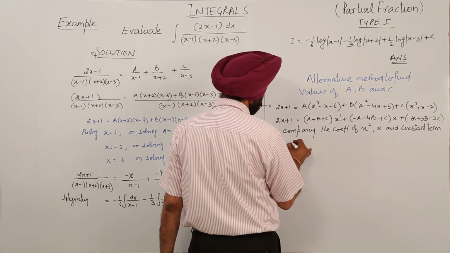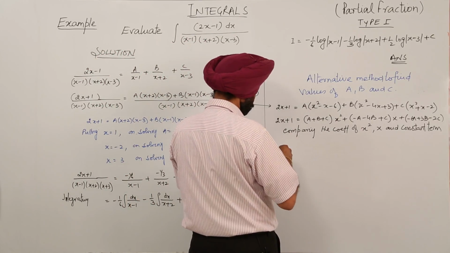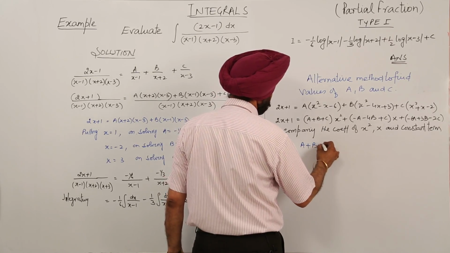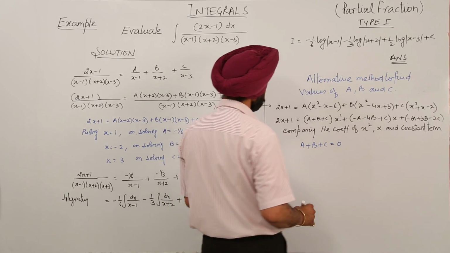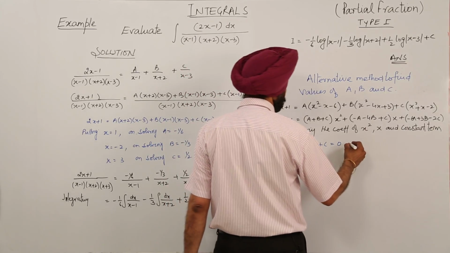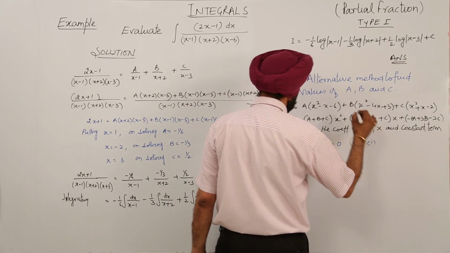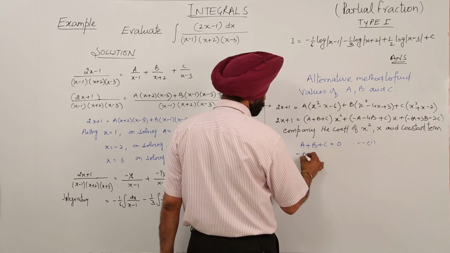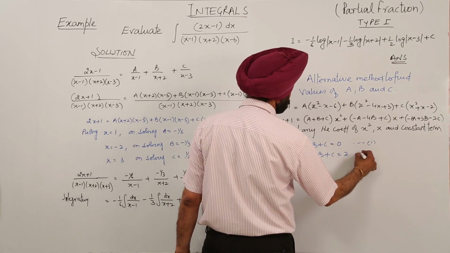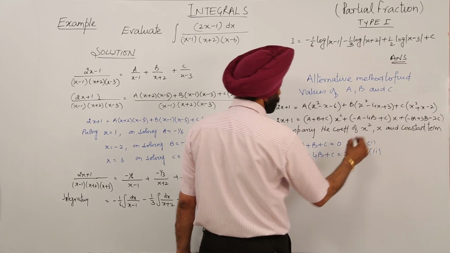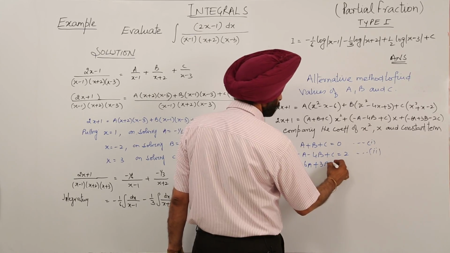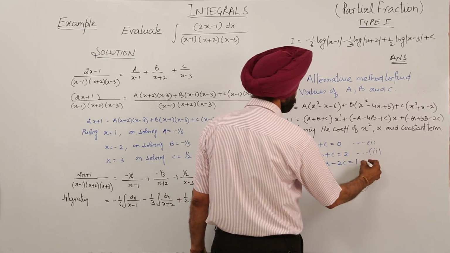Now what we are having? A + B + C is equal to 0, because on the left hand side we are not having x², number 1. Then we are having -A - 4B + C is equal to 2. And then we are having -6A + 3B - 2C is equal to 1.